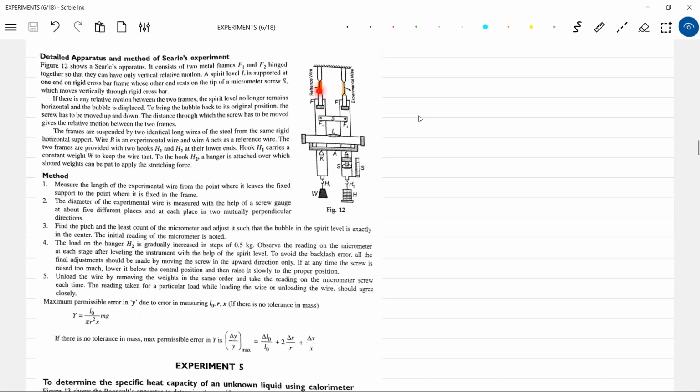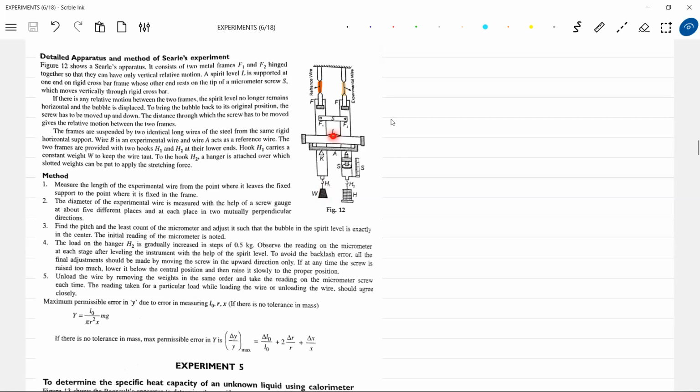Here is the experimental wire, whose Young's modulus I have to determine, but both are identical. We have here a spirit level. Using the spirit level, I can do the adjustment. First, the weight W is what I'm going to increase here.